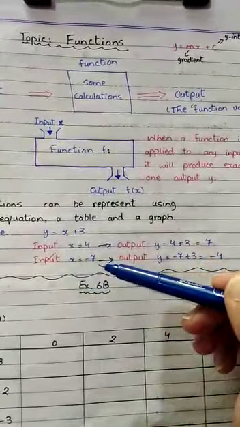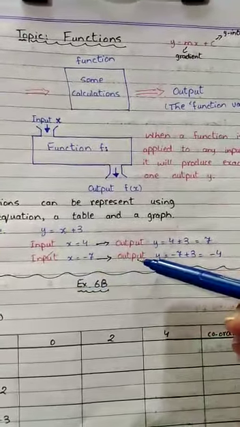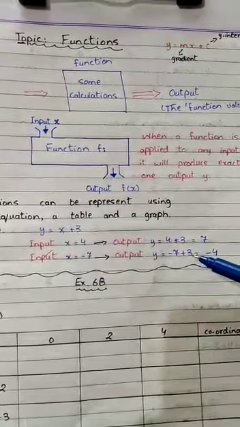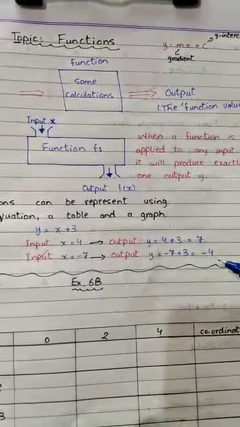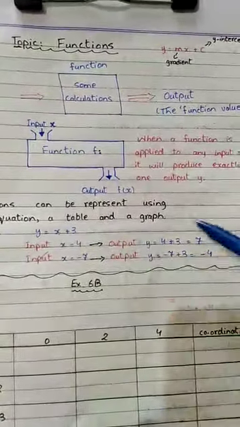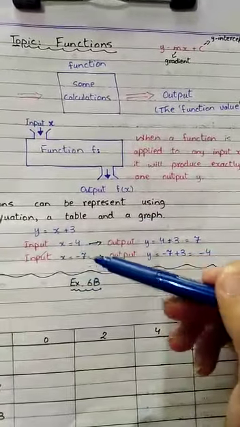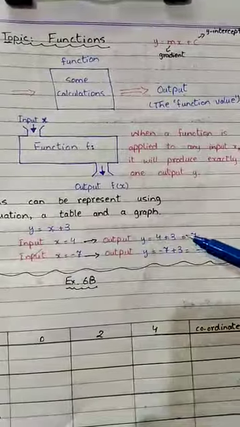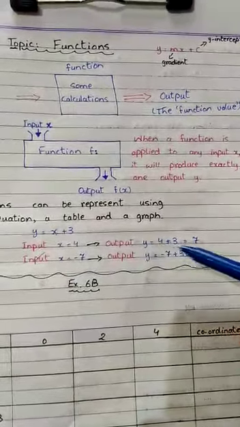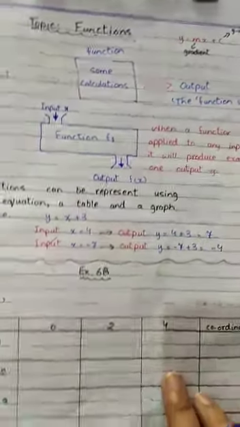Similarly, if the input is x is equal to minus 7, then the output is y is equal to minus 7 plus 3, it's minus 4. Okay. In this way, you will solve the given functions, and when you give an input to the given function, then you will definitely get an output. Okay, so let's start exercise 6b.